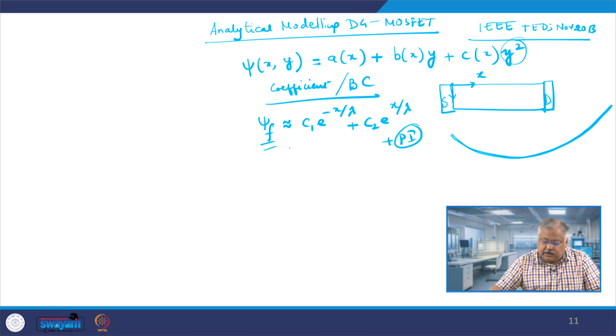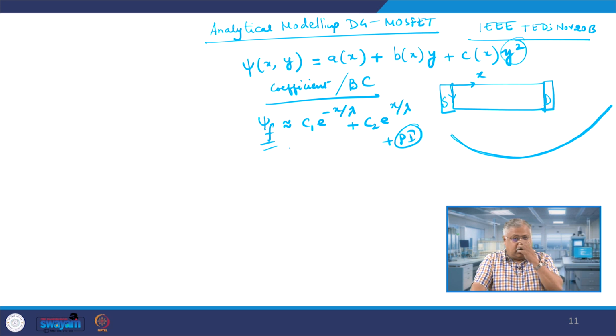This gives me an expression for how the potential varies within the device. C1 and C2 are constants which depend on the structural dynamics of the double gate MOSFET here.